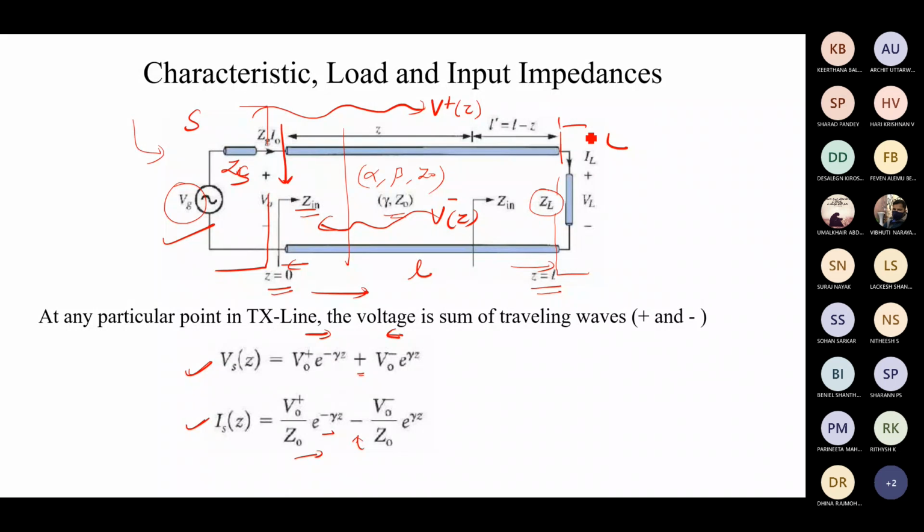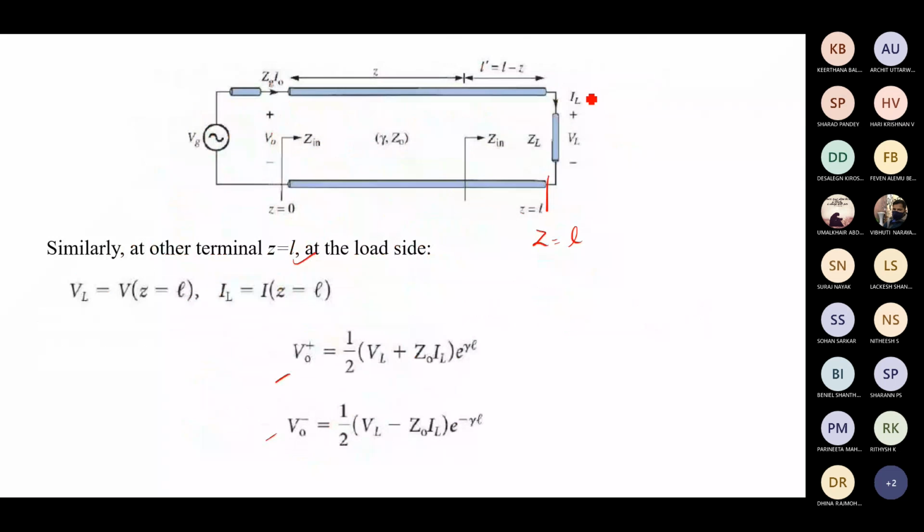Here, at the load side, we call them VL and IL. You should remember that this VL and IL don't have any source like that. It is possible because the wave is supposed to travel up to here, and when it goes back, this potential and current will be created.